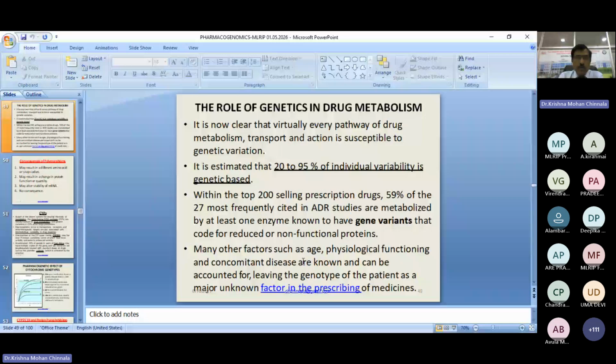So many other factors, such as we already discussed, age, physiological functions and all. But the main factor here is gene variants of cytochrome P450 enzymes.